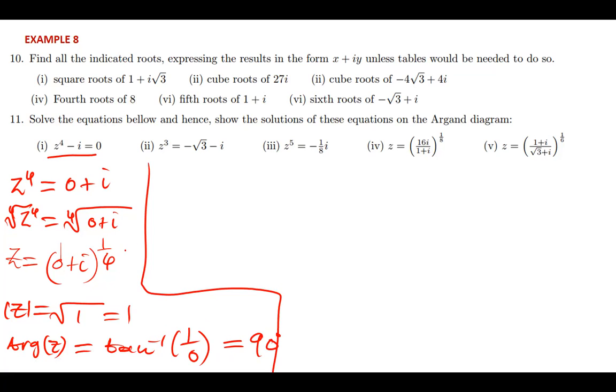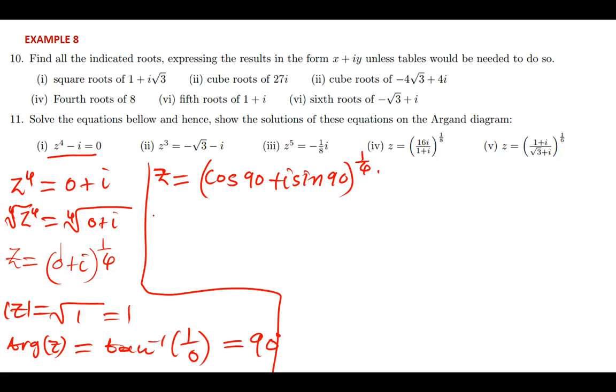From there, we write this complex number in polar form. So z is equal to the magnitude, which is 1, so it's the same as not writing it, times cos 90 plus i sine 90, put in brackets and raised to the power 1 over 4.